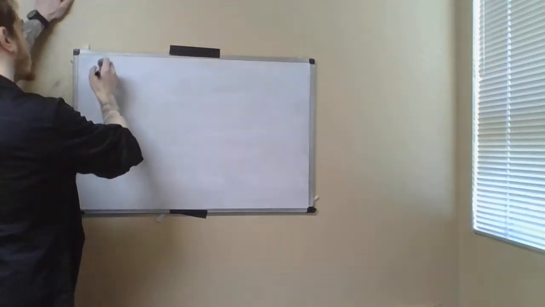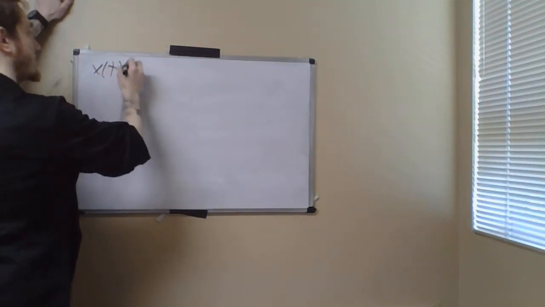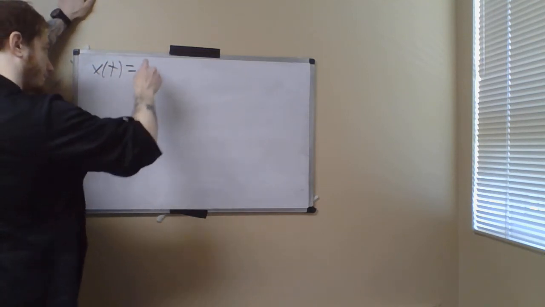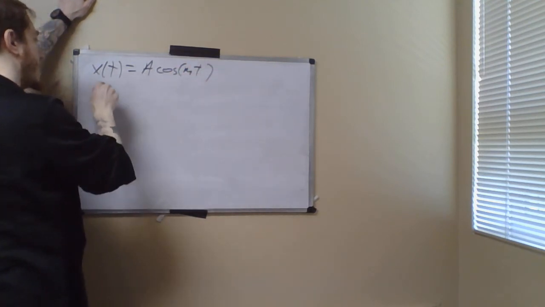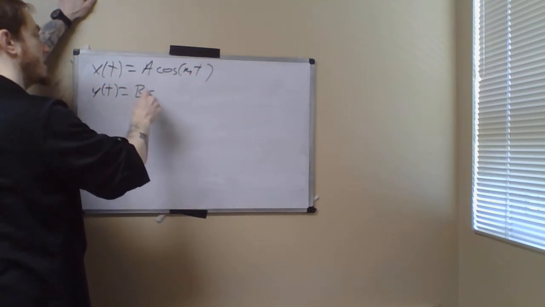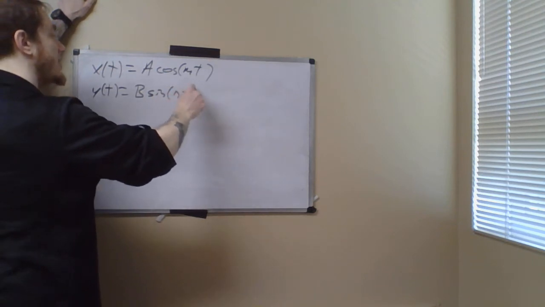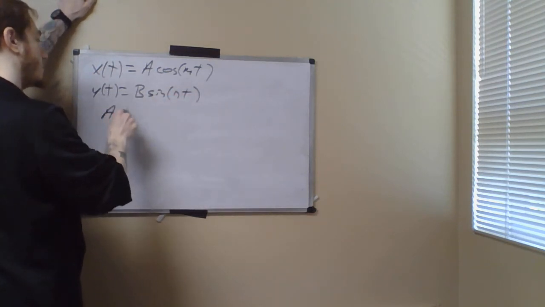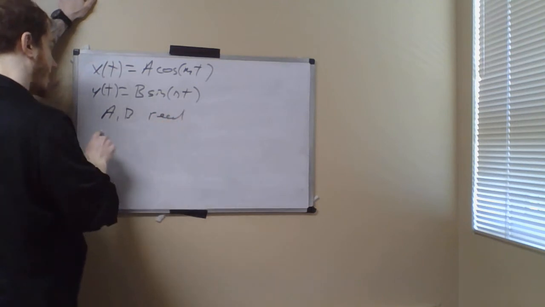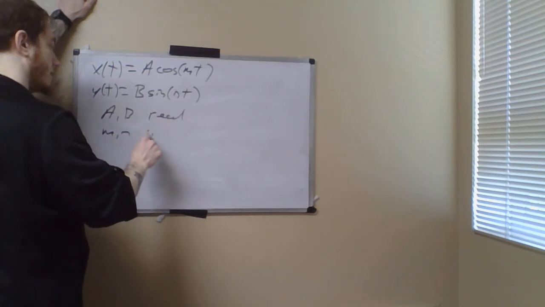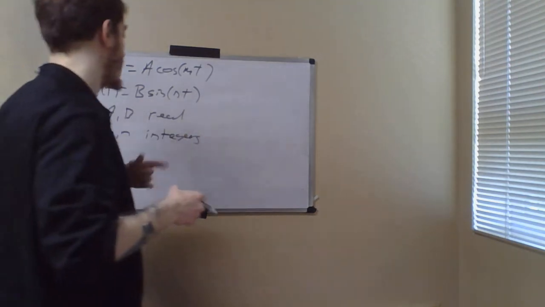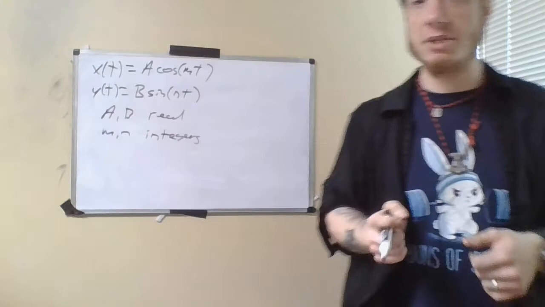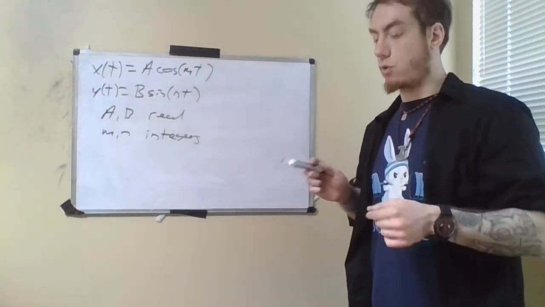Go to a parametric equations grapher and plug in something like x of t is equal to a cosine mt and y of t is equal to b sine of nt, where you pick a and b to be real and then m and n to be integers. Actually, you may want to choose m and n to be arbitrary real numbers later on as well. And you will see some really, really cool patterns come up.